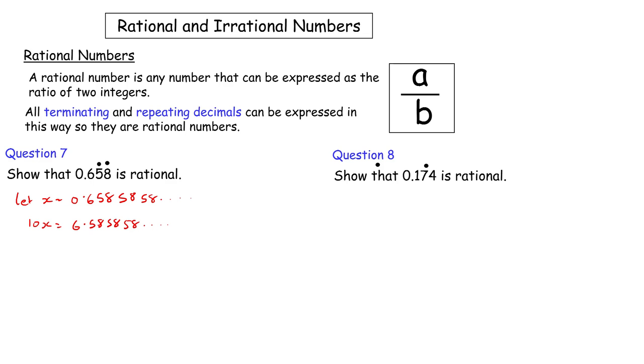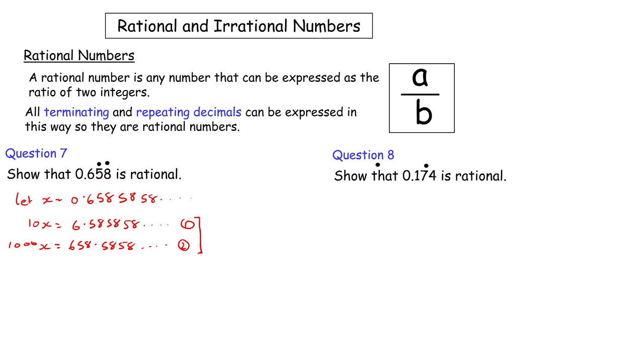Now, it's not 58 that recurs. So if I can get 658.58, which means I want to multiply x by 1,000 next. So I've got 1,000x is equal to 658.5858 and so on. So that's my equation 2, that's my equation 1.